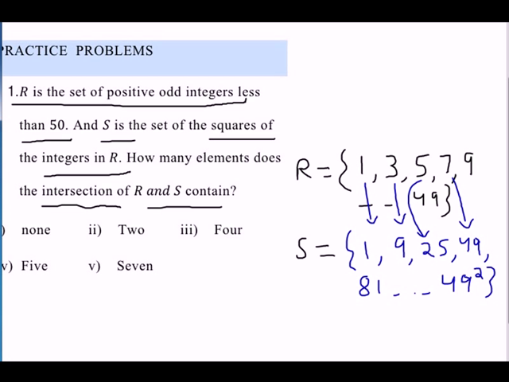So essentially the question is asking what is the intersection of R and S. So which are the common elements that exist in both R and S? So we just have to look at it visually.